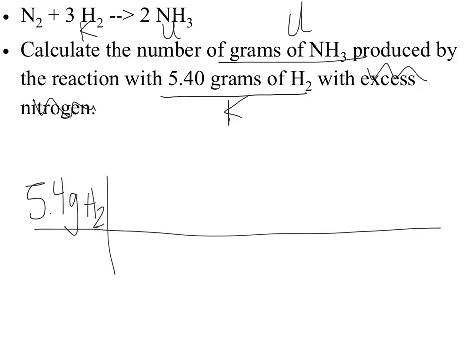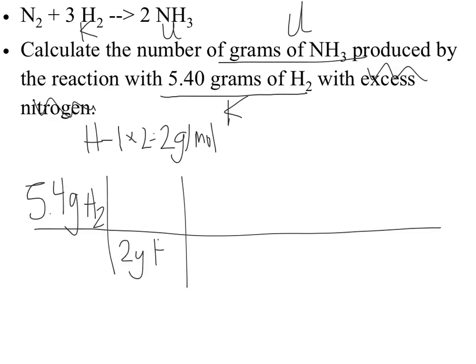Now we're going to use the molar mass. So we've got hydrogen. Hydrogen's mass on the periodic table is 1, but we have 2. So we've got 2 grams per mole. So 2 grams of H2 to every 1 mole of our hydrogen.